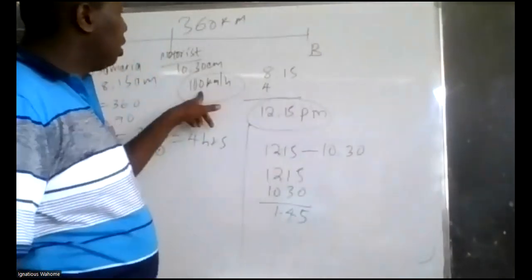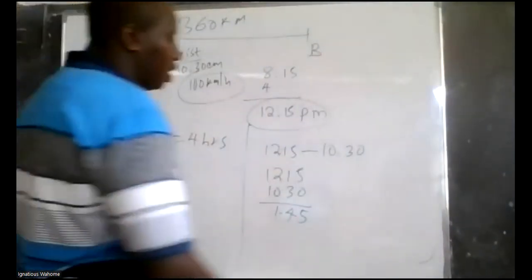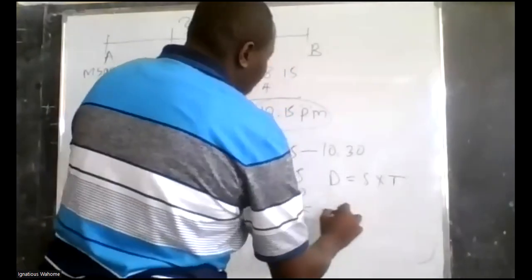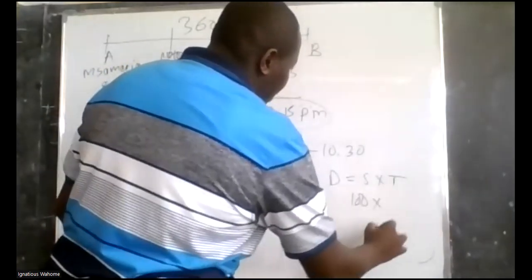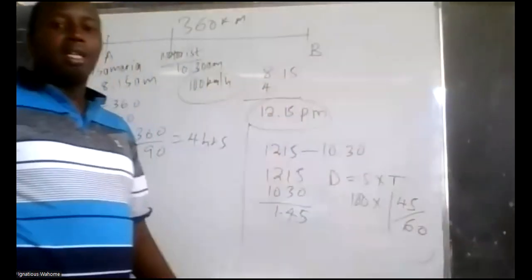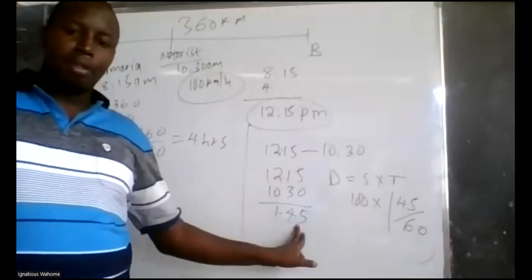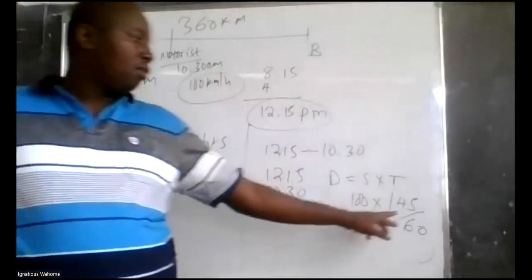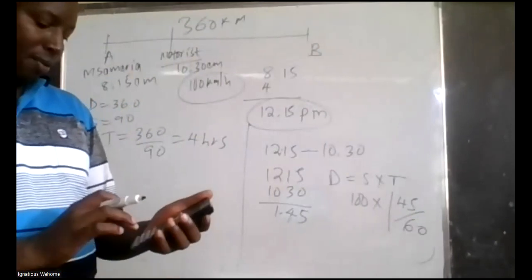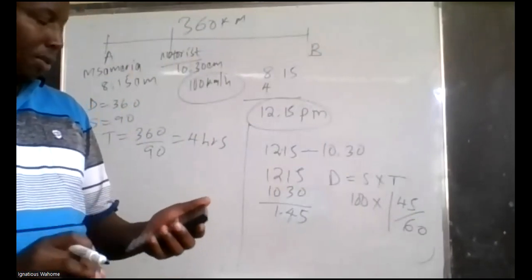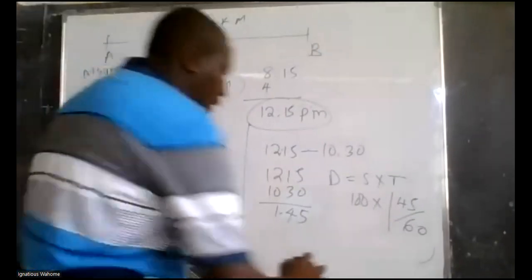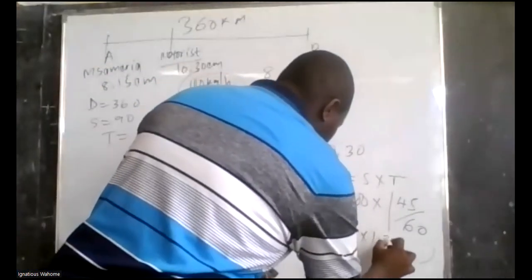And what was the speed? So therefore, distance is equal to speed times time. The speed of the motorist was 100 times the time, 1 hour, 45 minutes, which is 1 plus 45 over 60. You get 0.75 plus 1, which is 1.75. You multiply 100 times 1.75.